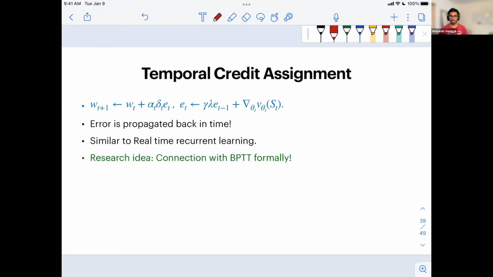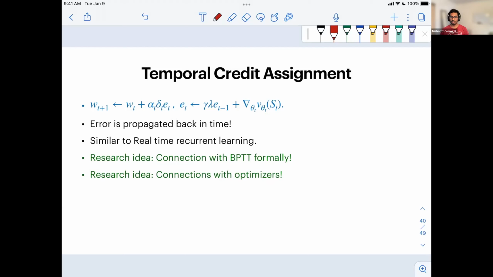There are a couple of works which mention that this is similar to real-time recurrent learning, or similar to backprop through time, but there's no mathematical or experimental evidence established formally in any of the papers. Another idea is connections with optimizers.